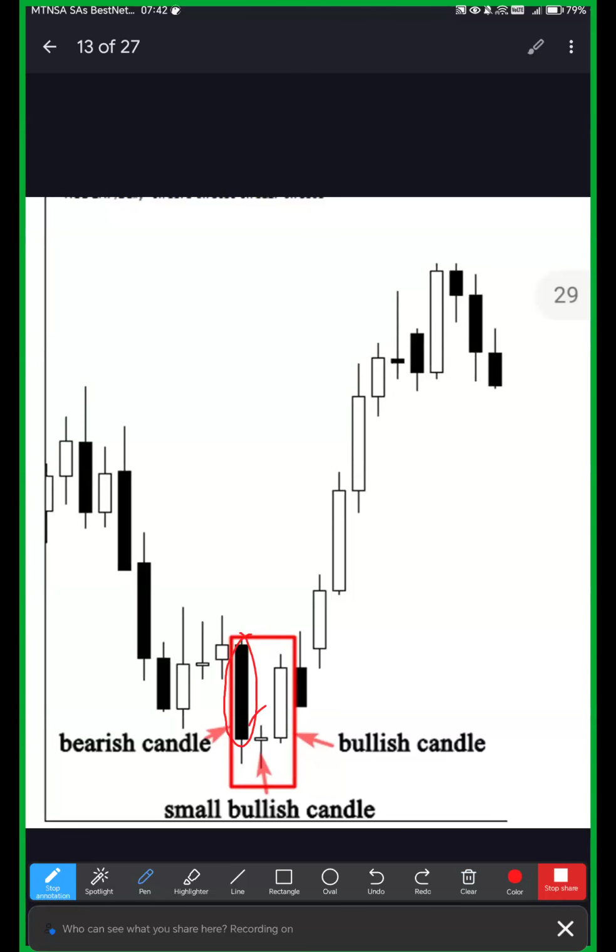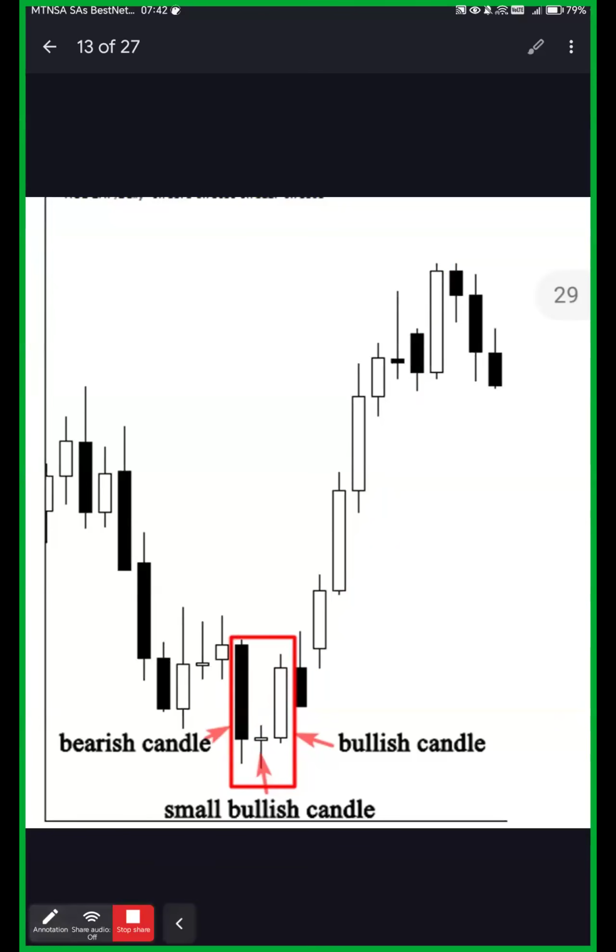So it signifies that there is a power struggle in this next session. Then come the other session, a direction has been indicated that it is no longer sellers now, but buyers. So buyers have taken over. They are pushing the price to the top. So this is a morning star combination, a market reversal signal to the upper side.